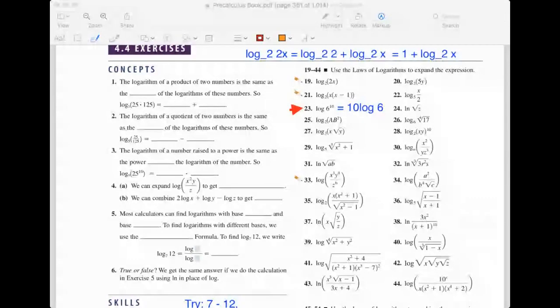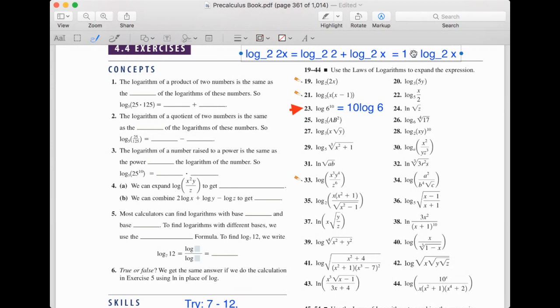Natalie wants 21. Go ahead, Natalie. For 21, you have to expand x and x minus 1. So it's going to be log base 2 x plus log base 2 x minus 1.